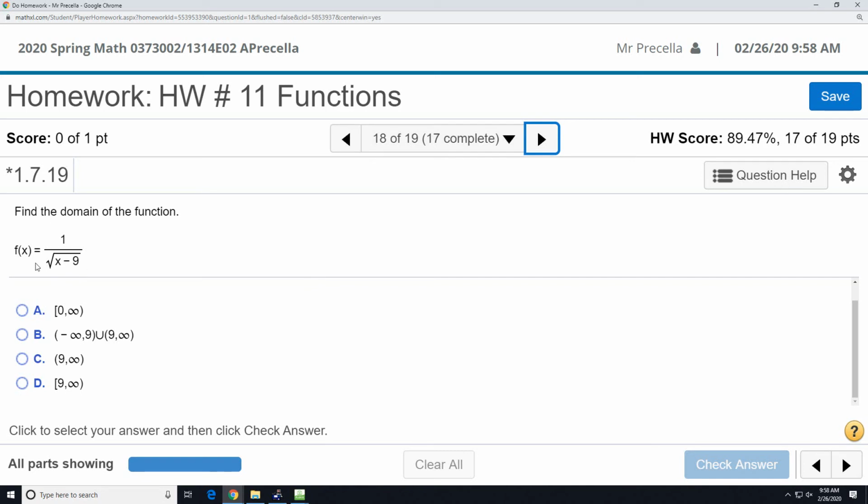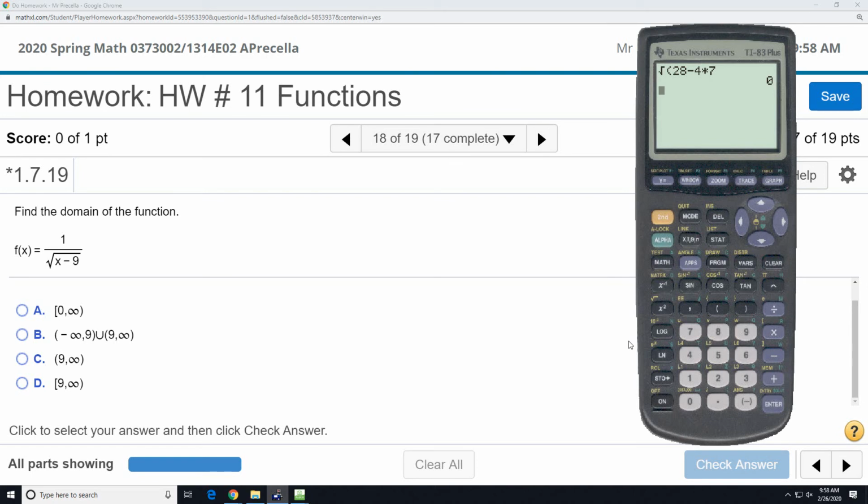But what about here? What number would give me a 0 in this bottom? A 9? If I plug a 9 in for x, is it going to take that on my calculator? If I go 1 divided by the square root of 9 minus 9, is it going to give me back a number, or is it going to give me an error? Error.